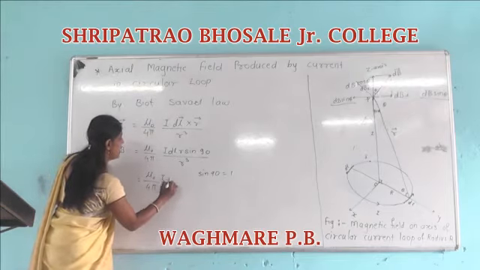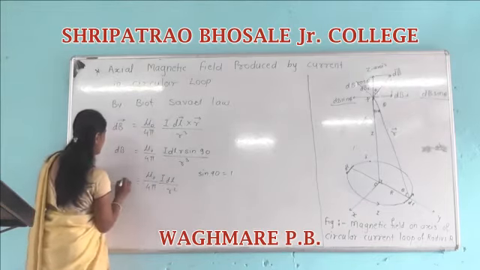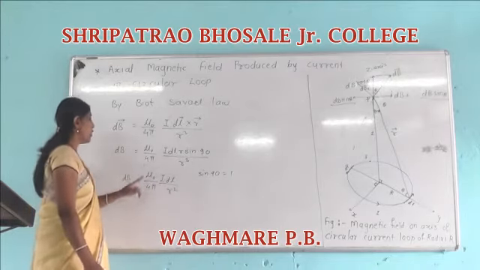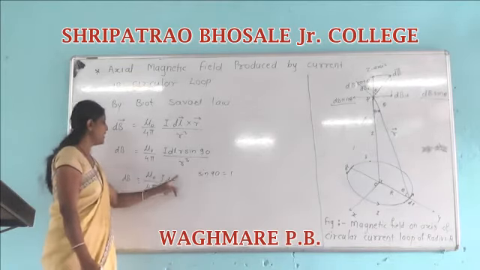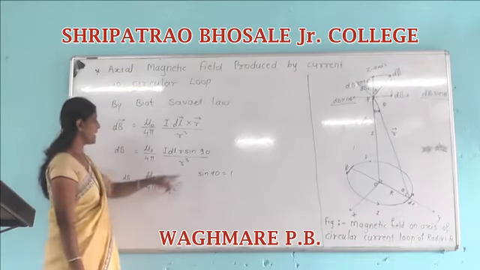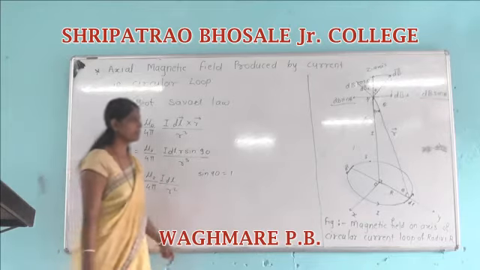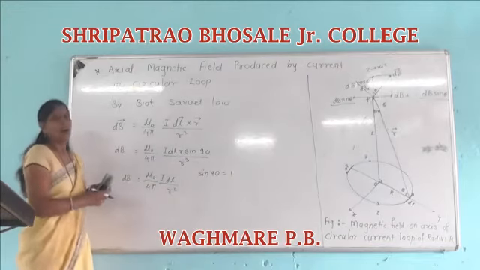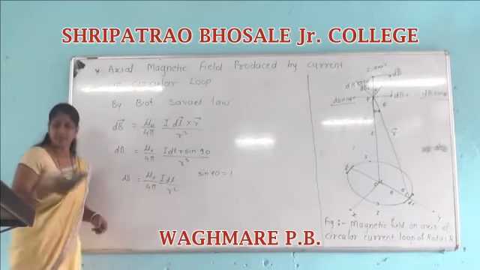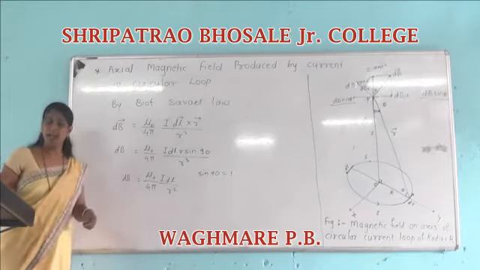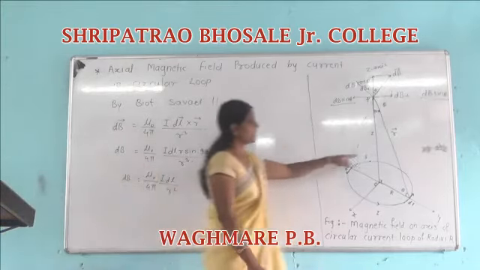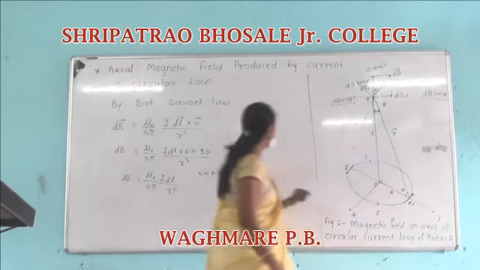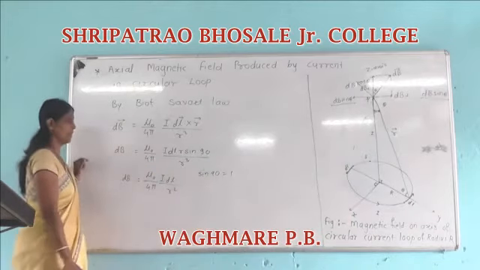Therefore, the magnitude of the magnetic field dB is equal to mu naught upon 4 pi, I dl upon r square.